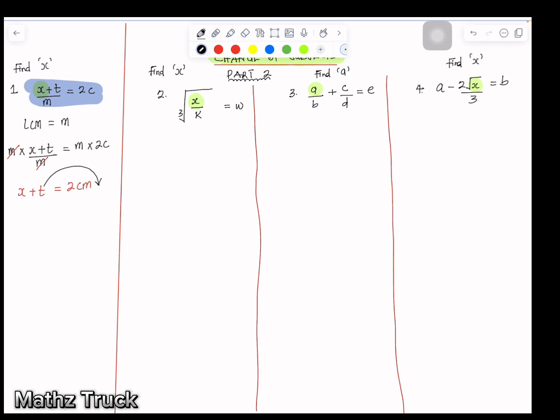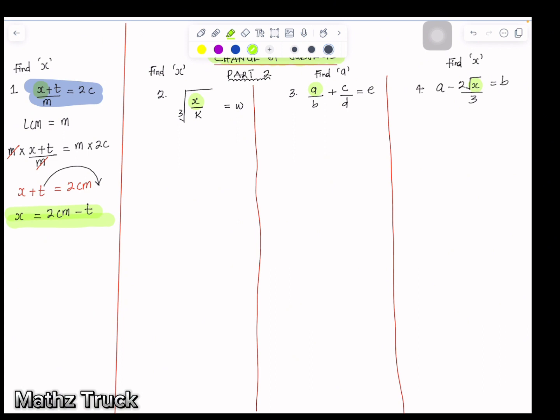So we have x now equals 2cm minus t. This will be our final expression. So the answer for the first question will be x equals 2cm minus t.